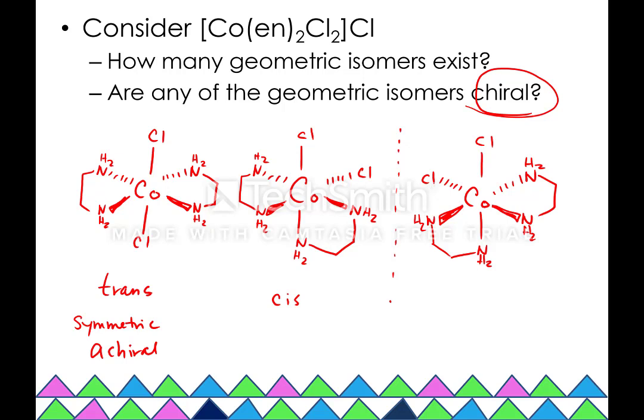So here's our mirror image. If we were to rotate this 180 degrees, then what we would get, I'll draw it right here. This nitrogen that's out in front is going to move to this back spot, so we'll put this nitrogen back here.